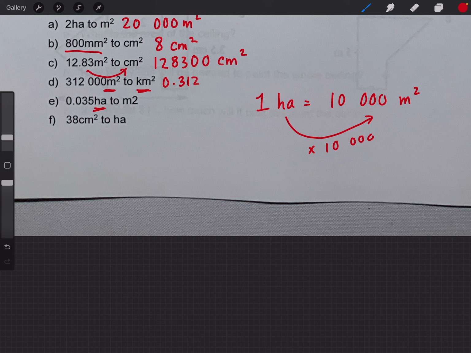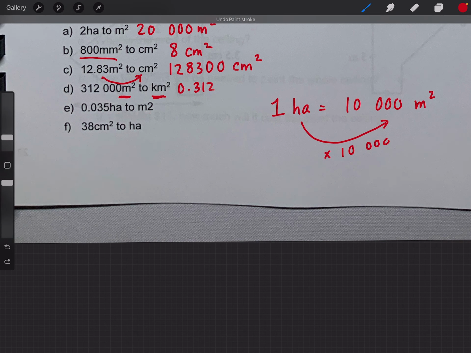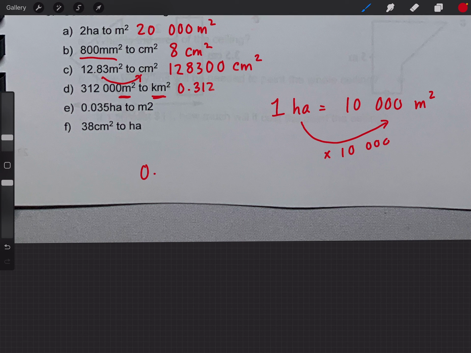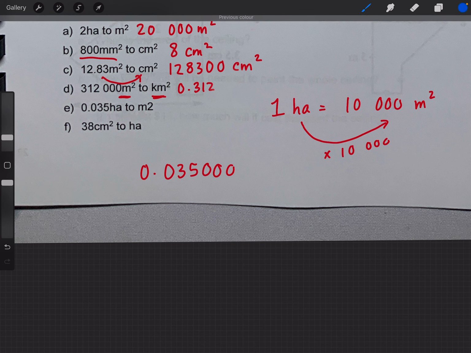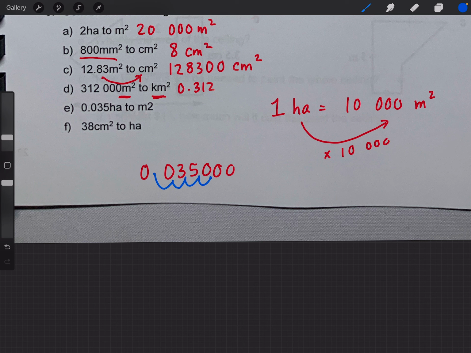So let's multiply this by 10,000. 0.035. Let's put in a couple zeros since we're going to move decimal place to the right by multiplying. 10,000 has 4 zeros, so we make 4 jumps. 1, 2, 3, 4. It's going to be right there, so the answer is going to be 350 hectares.